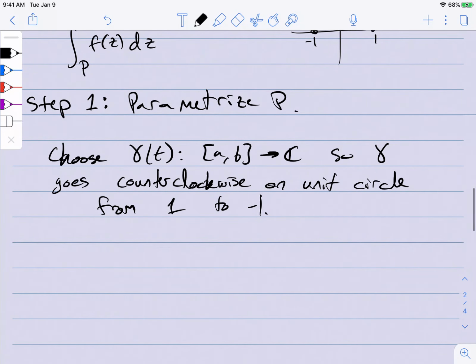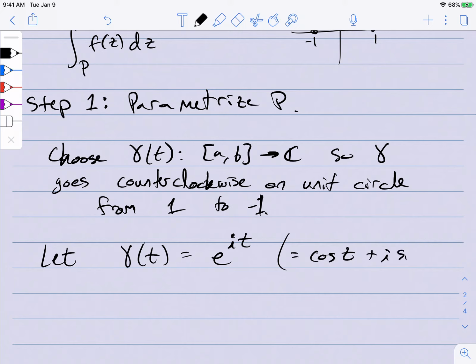The easiest way of parameterizing the unit circle, or part of it, is to use e to the it, because these points are always on the unit circle. And remember what this means. This is just cosine t plus i sine t.